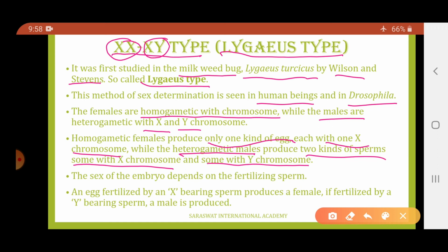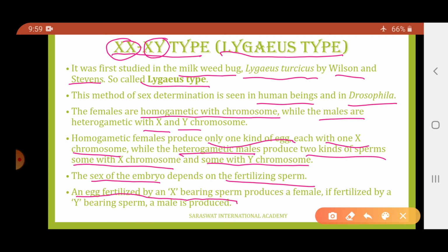Now, the sex of the embryo will depend upon what? Upon the fertilizing sperm. Which sperm fertilizes? See, all the eggs are the same. All the eggs contain what? X chromosome. But it is the sperm where some of the sperms carry X chromosomes and some of the sperms carry Y chromosomes. So, which type of sperm fertilizes the egg will decide the sex of an individual.